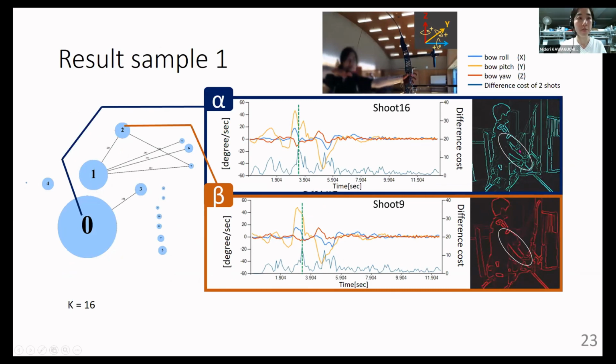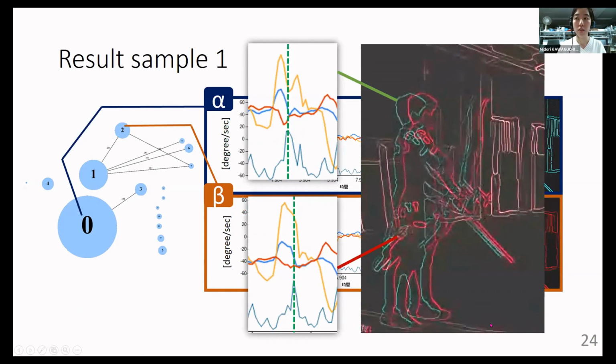It means in this shoot, the archer stretched his arm twice, and in another shot, he had already finished stretching his arm before bringing up his bow. And this is the overlaid movie that detects the different part.